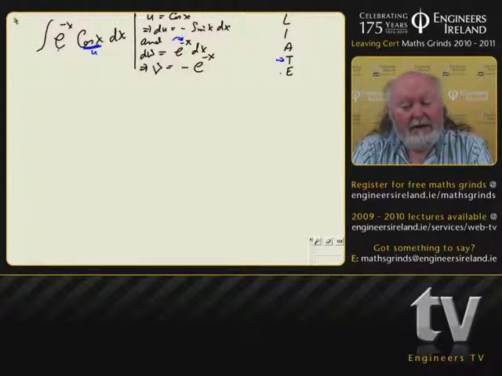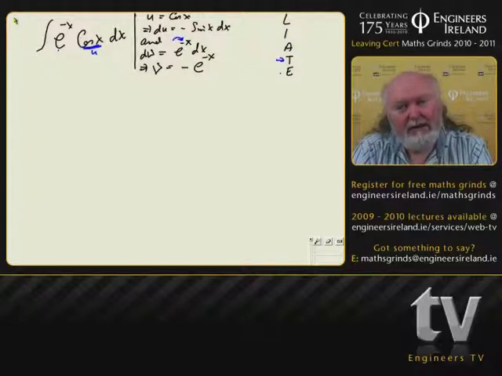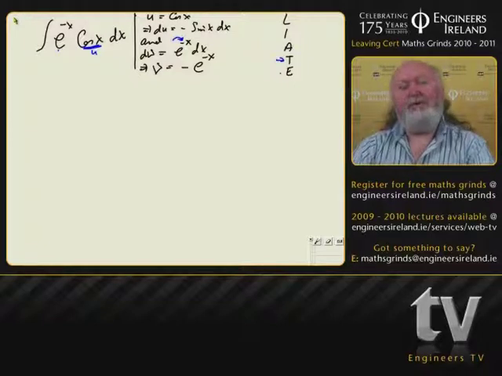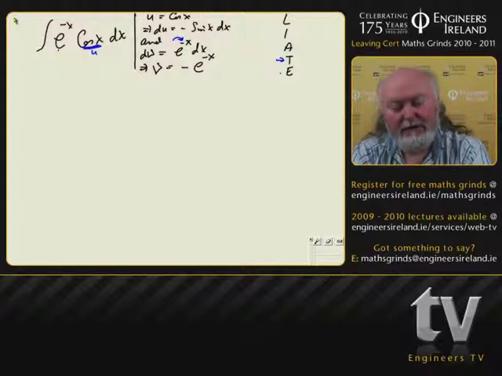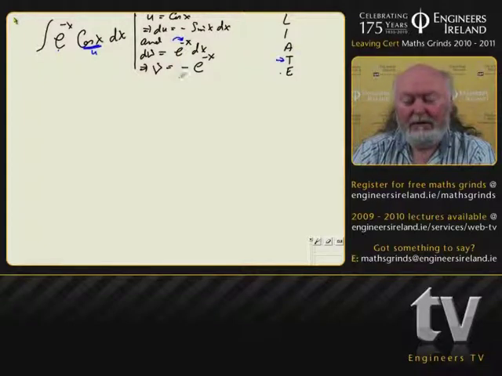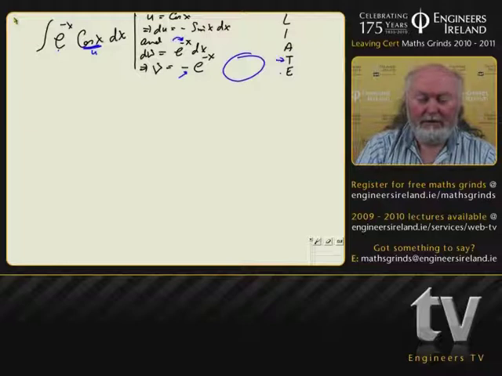This is an e to the ax example, and I know certainly a question came up in the Leaving Cert where it had, for example, e to the x minus e to the minus x, and I would consider that one of the ways that they were hoping to see if people are staying awake enough was in recognizing that minus, so that you do finish up with this guy out here. Notice again, there is no integration constant here.